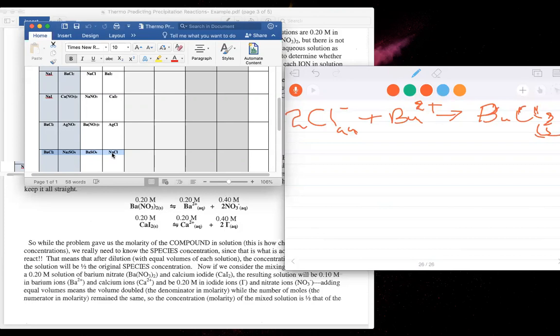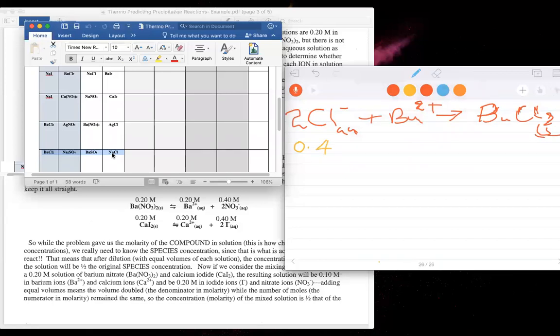So remember, it was 0.2 from the direction. So if this barium was 0.2, the concentration for chloride before I mix is 0.4, because I'm multiplying it by 2.